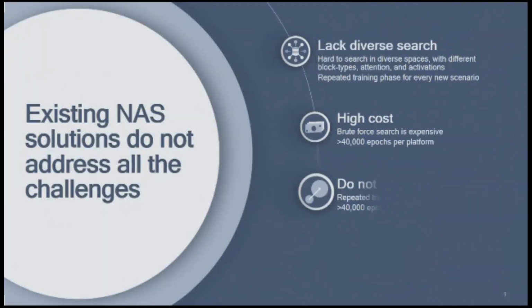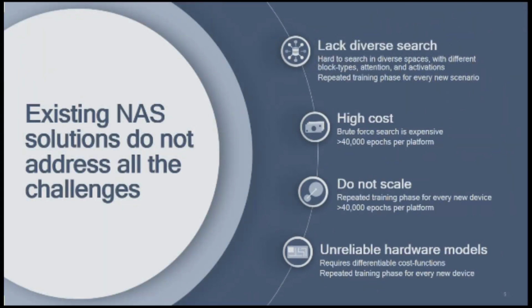And let's talk about neural architecture design first. So existing NAS solutions have many problems. For example, some of them lack a diverse search space. For example, they're only searching certain operations or certain activation functions. And also, NAS is not very startup friendly.